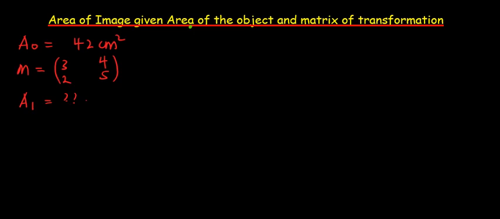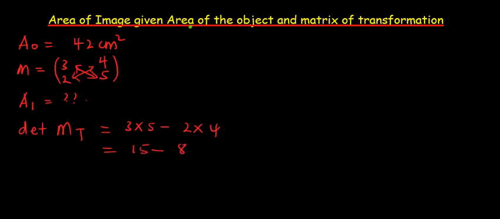So first of all, we need to obtain the determinant of the matrix of transformation, and it is obtained by getting the product of the entries in the major diagonal, that is 3 times 5, minus the product of the entries in the minor diagonal, that is 2 times 4. So this is 15 minus 8, and the determinant of the matrix of transformation is equal to 7.